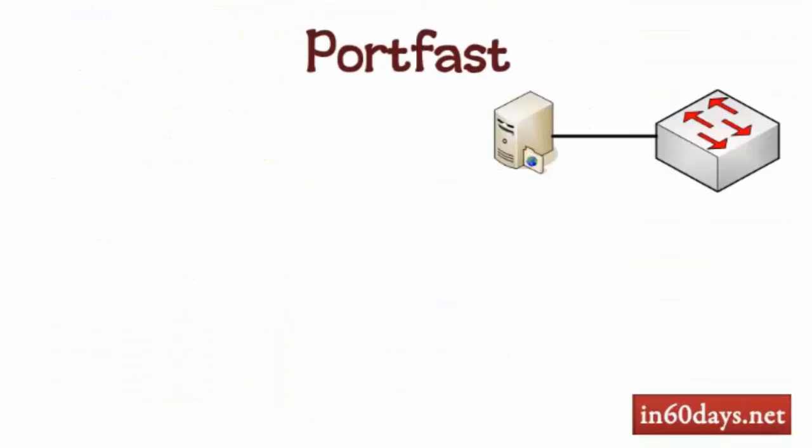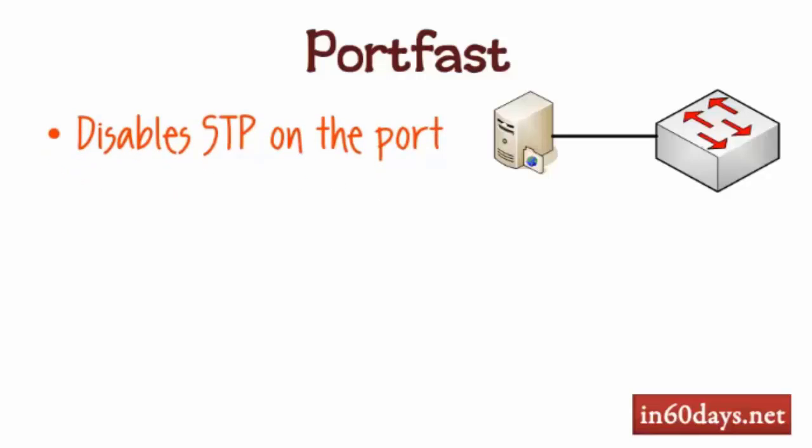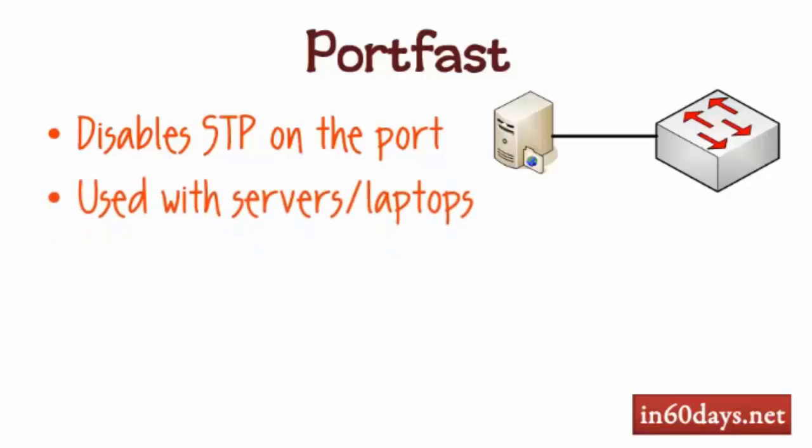So PortFast, firstly, the switch will presume that there's another switch connected across a 100 meg or faster link. But if you connect a device that isn't going to send bridge protocol data units, you don't necessarily need to worry about running the spanning tree algorithm on it, so you can disable spanning tree on the port. So PortFast will let you, for example, if you're connecting a server or a high-speed connection to a laptop, then you can disable spanning tree.